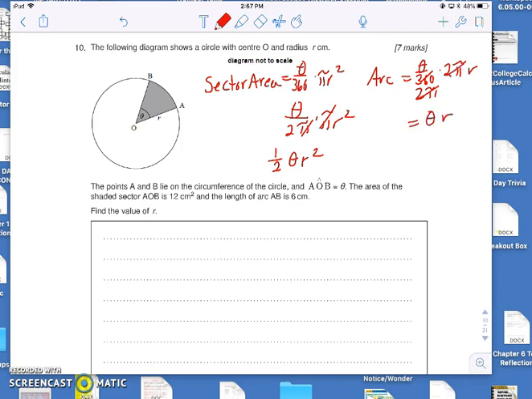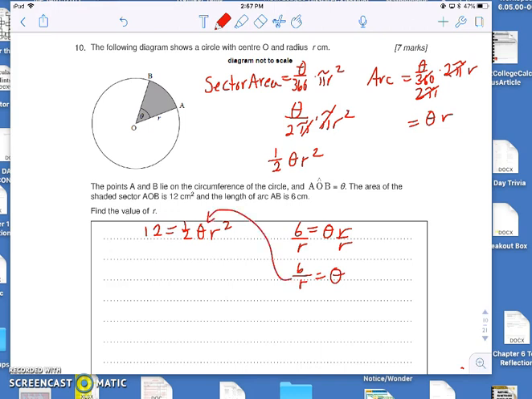So if we write that over here, we know our shaded area, 12 equals 1/2 theta r squared, and our arc length, 6 equals theta times r. We have a system of equations, and it just looks slightly different because we don't normally see them like this, but we can solve for, let's solve for our theta. So 6 over r is equal to our theta.